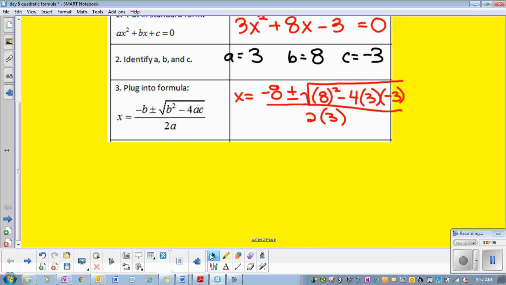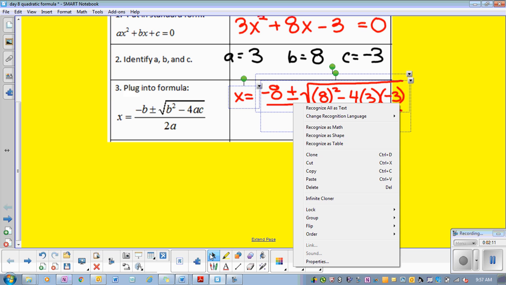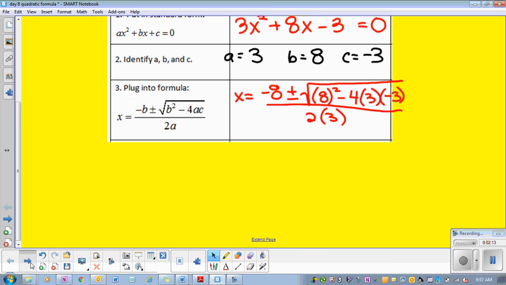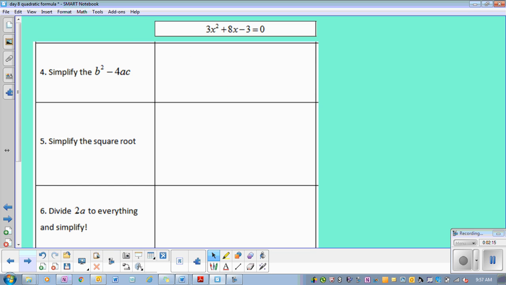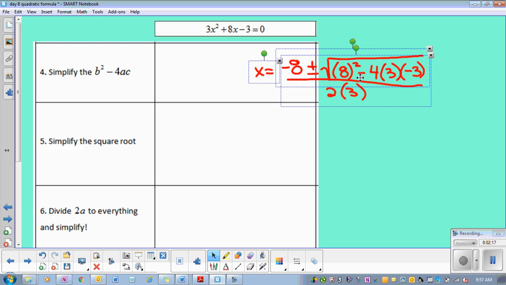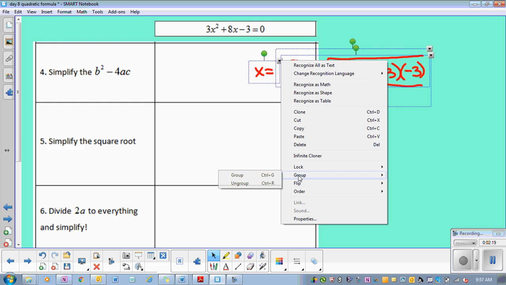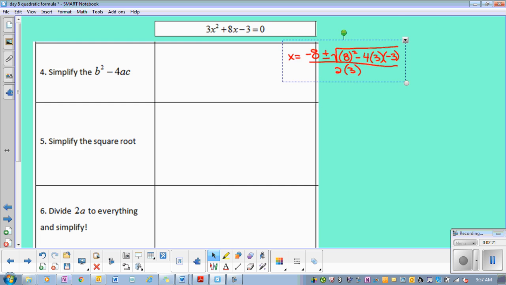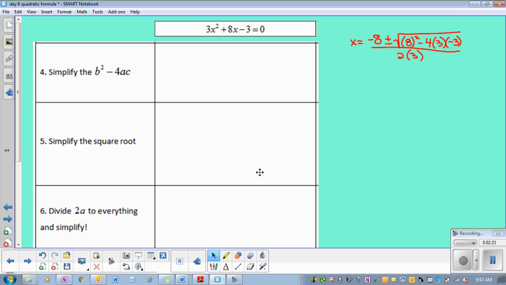So now I'm going to look at the next part. All right, so that's carried over, right? It says simplify the b squared minus 4ac.